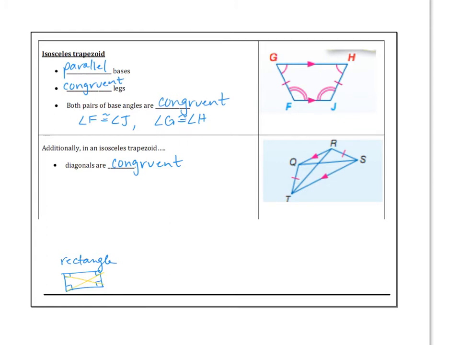And then remember in the square, same thing. That's not a very good square, but the two diagonals are also the same length in a square. And now the isosceles trapezoid. In an isosceles trapezoid where you have one pair of parallel sides and one pair of congruent sides, the diagonals are congruent.